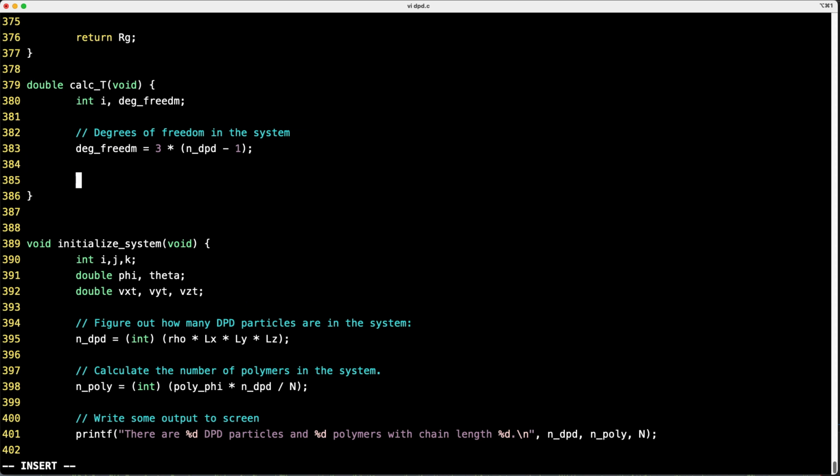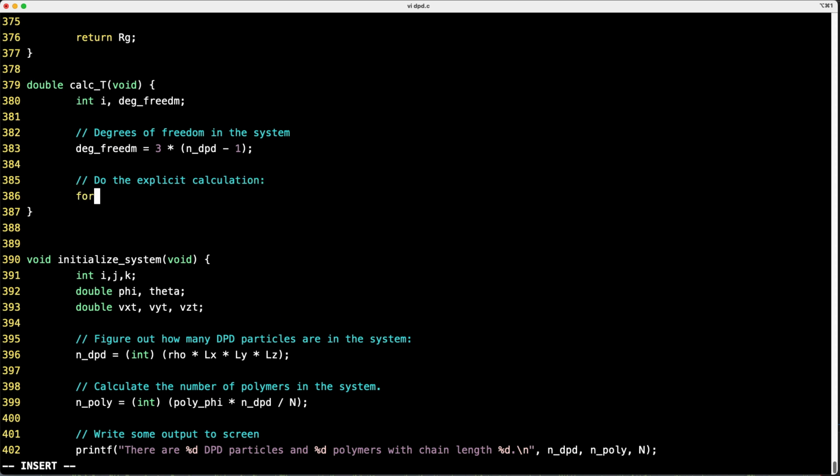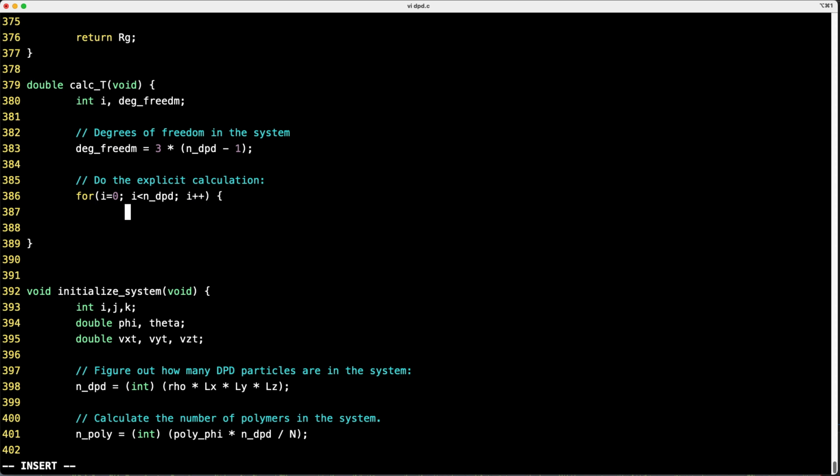And so what can we do? Well, one thing that we could do is something like this. We could say for I equals 0, I is less than n DPD, I plus plus. We would say that, let's call this KBT.